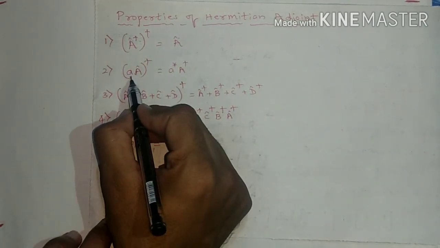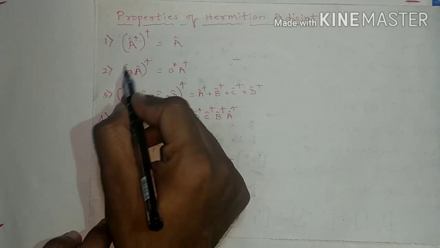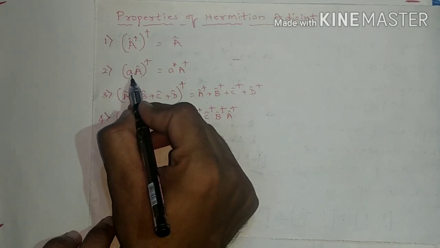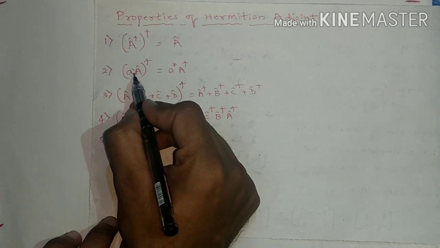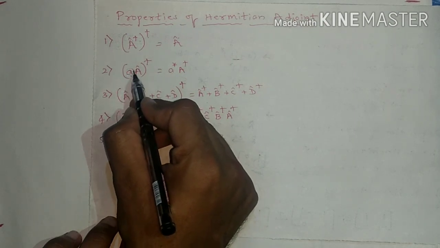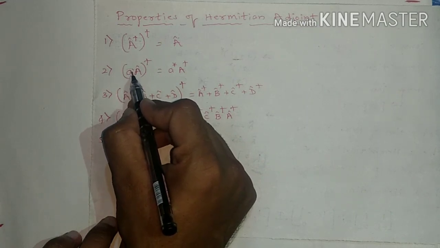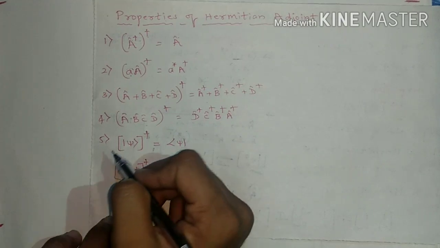And if we have a scalar a, then the dagger operates on a, and as it is a scalar, there is no meaning in taking the transpose of a scalar quantity. So it will be the conjugate, a star.